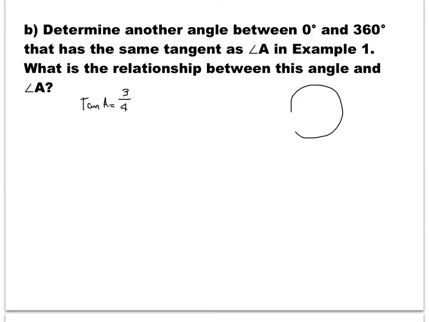If we draw again the unit circle, by definition, tan A is y over x. So this means that if this is point A, our x is 4, again our y is 3. Now the tangent is positive 3/4, and it's in the first quadrant.